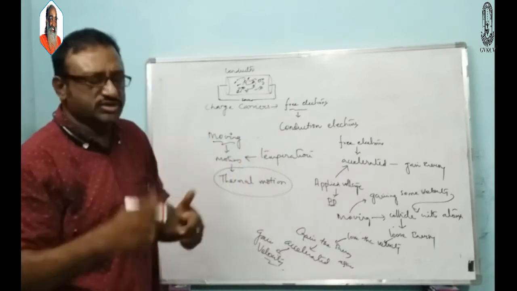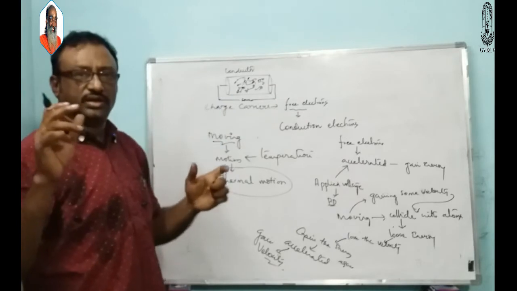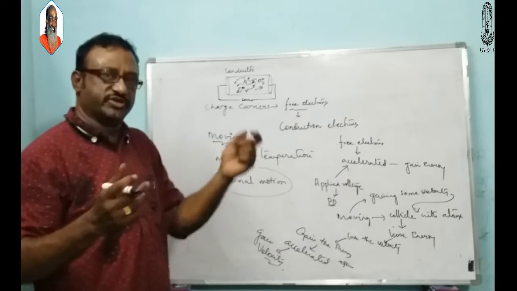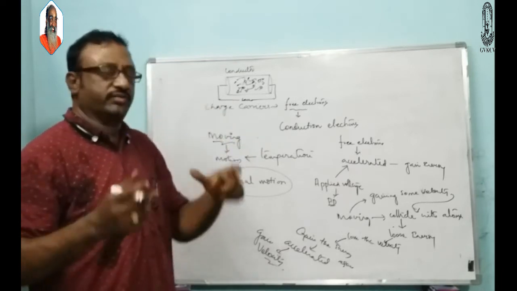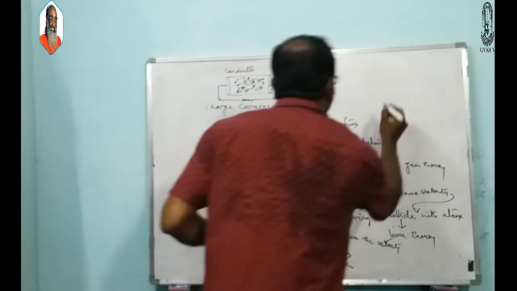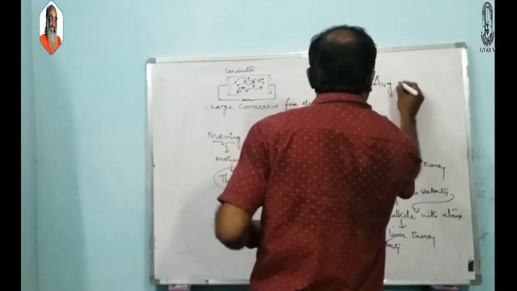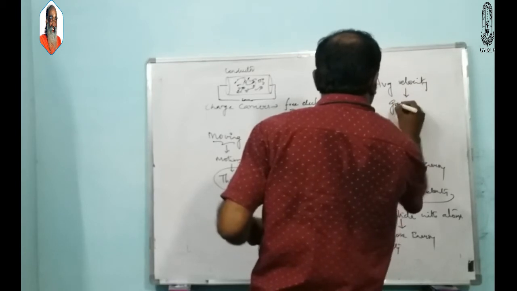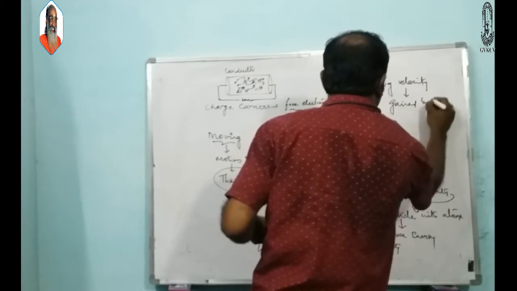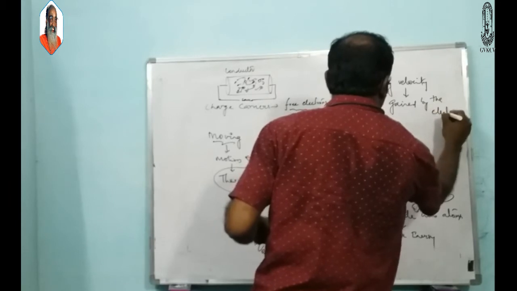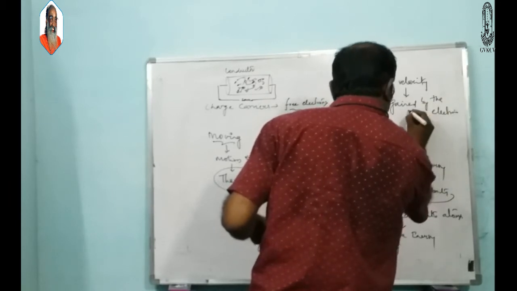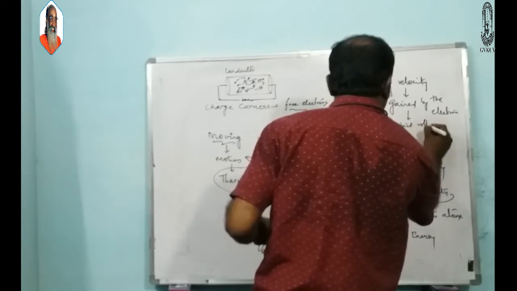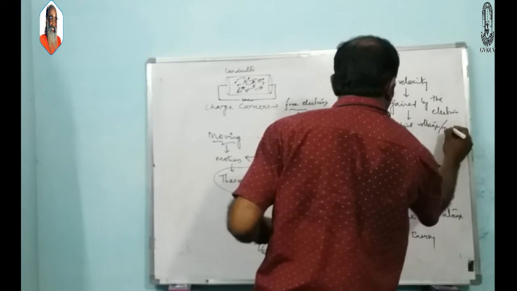So in this process, the velocity keeps changing. Whether the velocity is decreasing or increasing, we can consider the average velocity gained by the electrons, and this gaining is due to the applied voltage or potential difference.